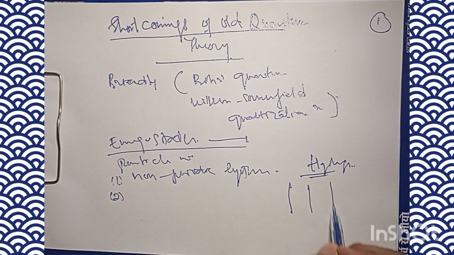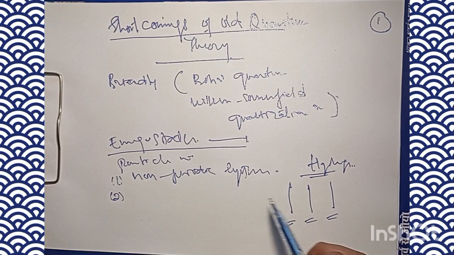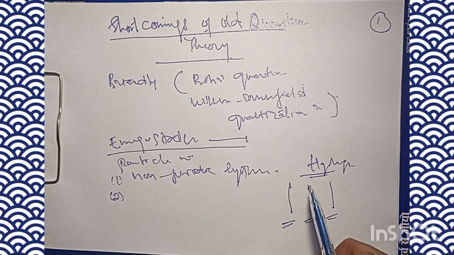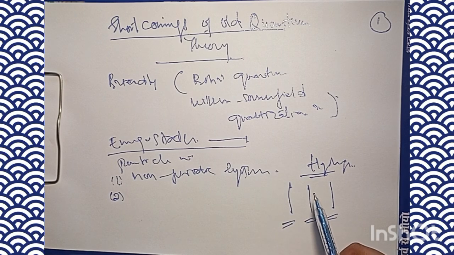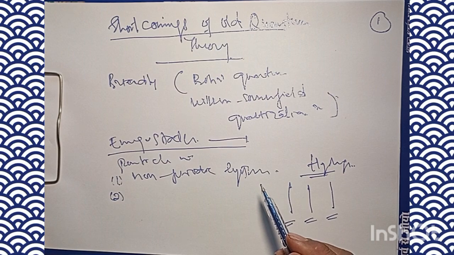Line one, line two, line three: this has more intensity, less intensity, in-between intensity. This old quantum theory purely failed in giving an accurate calculation of the relative intensities of these spectral lines.